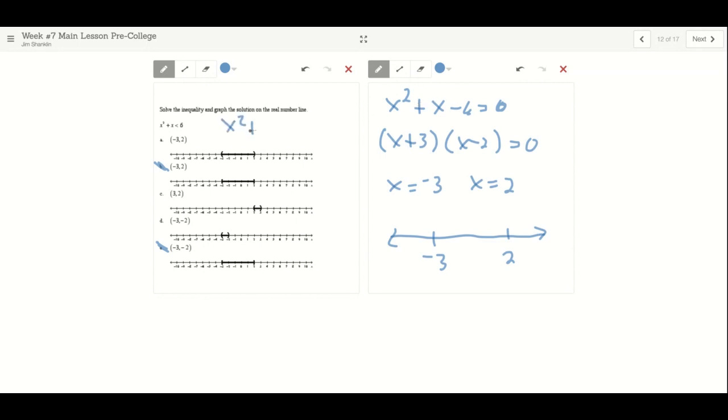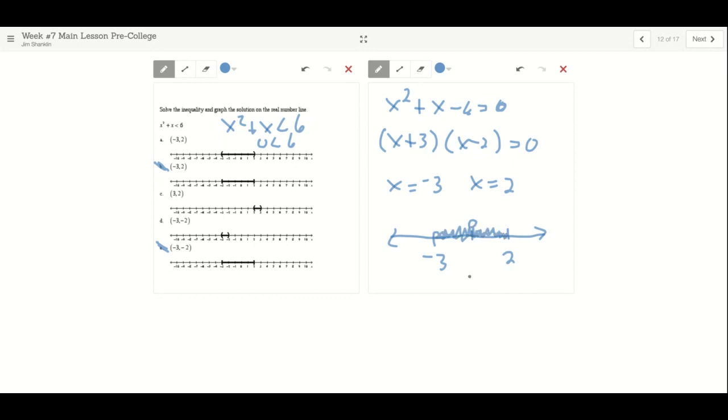X squared plus x is less than 6. Pick a point. I always pick 0. I'm sorry, but it's the easiest point to pick. So I put 0 in here, 0 plus 0. So 0 is less than 6. Is that a true statement? Sure is. 0 is definitely less than 6. So I know 0 has to be shaded in. So I know my answer has to be between negative 3 and 2.